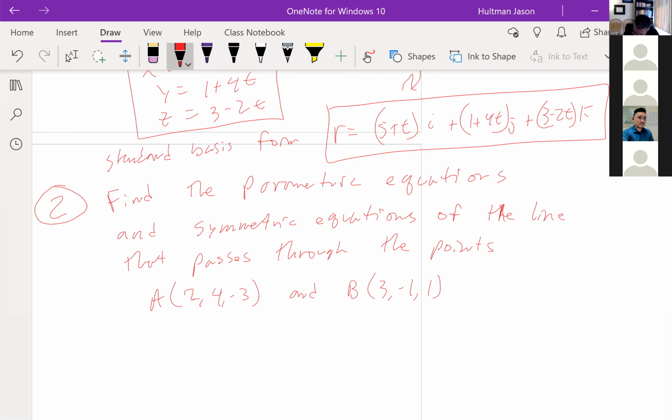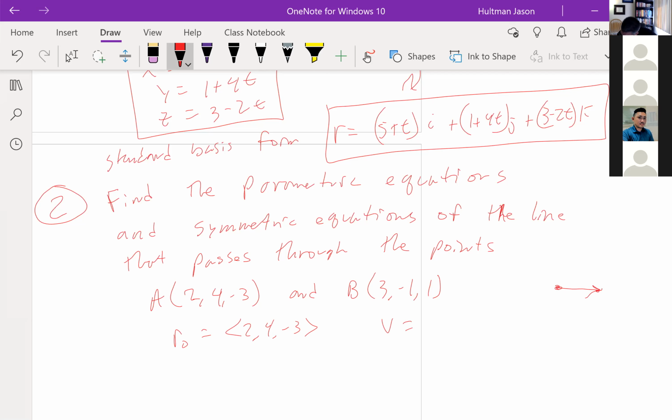Let's let r naught be equal to (2, 4, negative 3). So how would I find vector V? Well, vector V is going to be the difference between A and B. I have these 2 points out in space, and I want a vector between them.